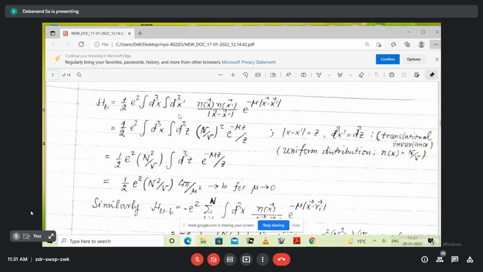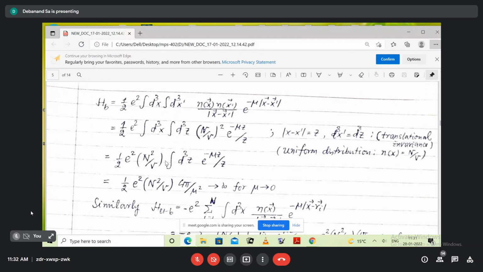So in the bosonic Hamiltonian, I just do this integral. This is one because these are densities, and just take x minus x prime equal to z. So these are densities, meaning n by V, n by V, n by V square. So I can get something like this.